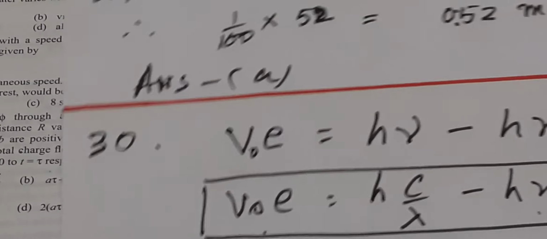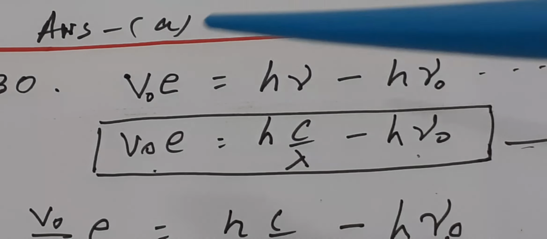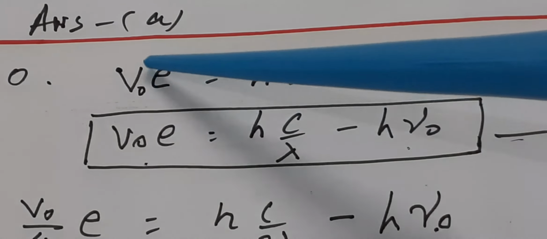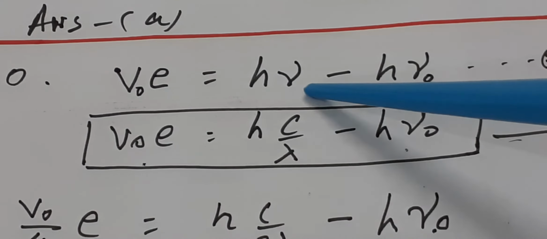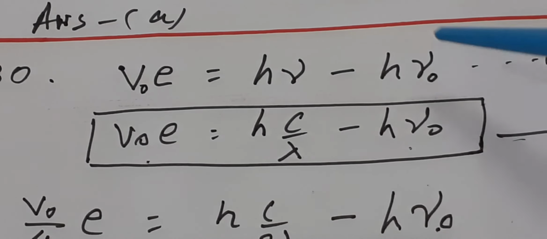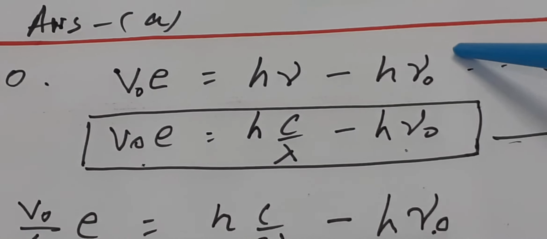Let us start. Now, the stopping potential is V0, so V0 e, the maximum kinetic energy, will be h nu minus h nu naught. That is the threshold frequency, which we want to measure, nu naught.